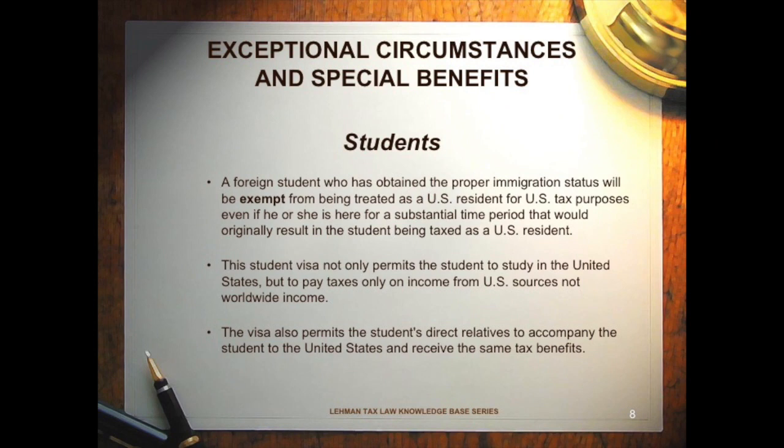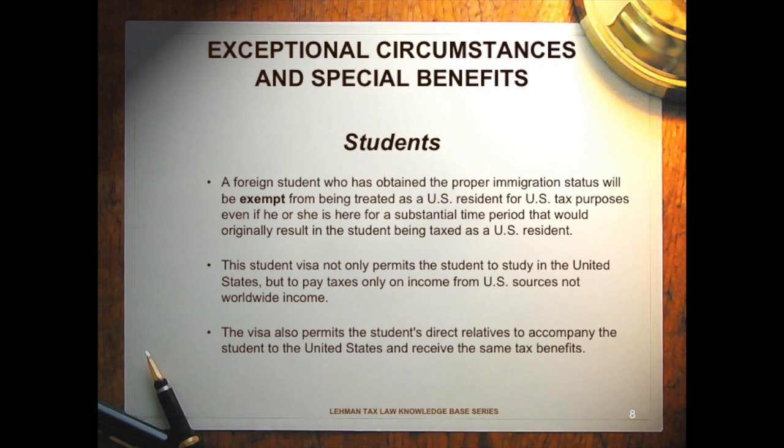Now, we have another category of taxpayer that I want to pay some special attention to, because this is a very unique benefit. Students, full-time students, can spend much more than 182 days in any given year here in the United States without being tax residents.